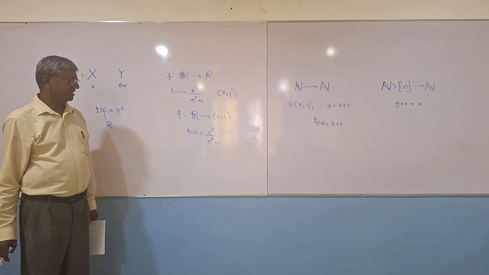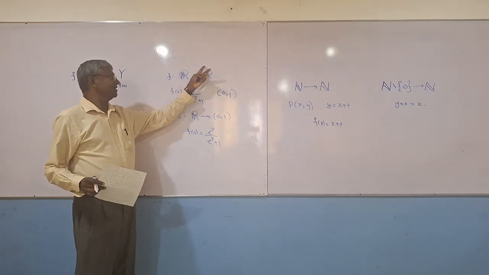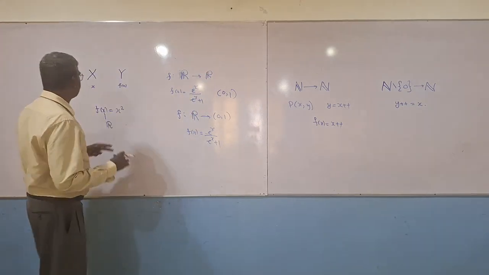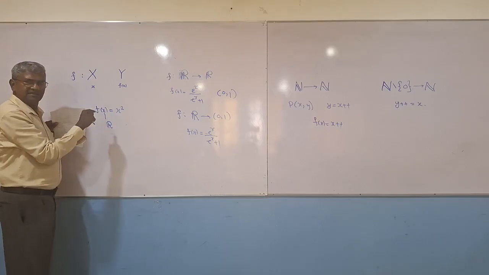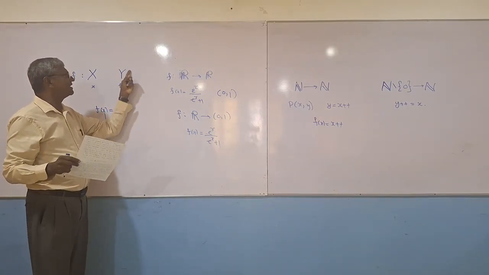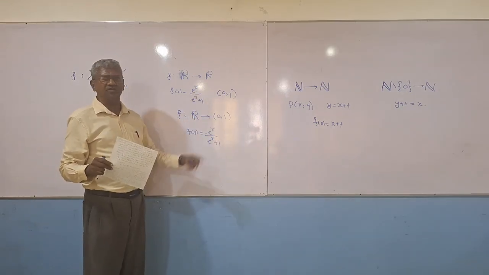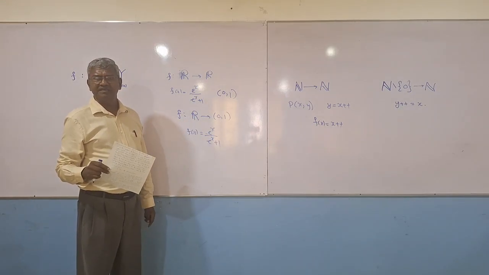Can you see? Capital X is very important, but when we say capital Y, it's not exactly the range. For this function, the range is the open interval (0, 1).